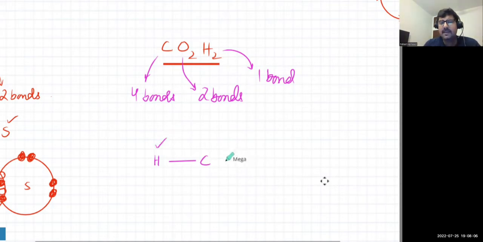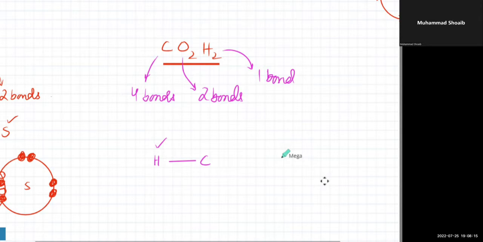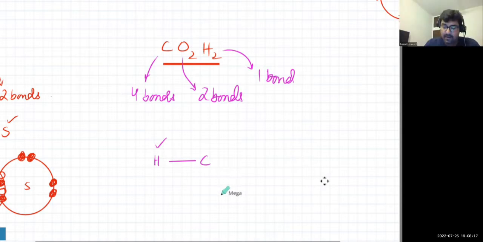Carbon should be making 3 more bonds. So let's say I put in an oxygen. Now this oxygen over here wants to make 2 bonds. So why don't we just make 2 bonds between carbon and oxygen, right? So in that way, my oxygen is done. Its bonds are now complete, okay? So it doesn't need any more bonds.